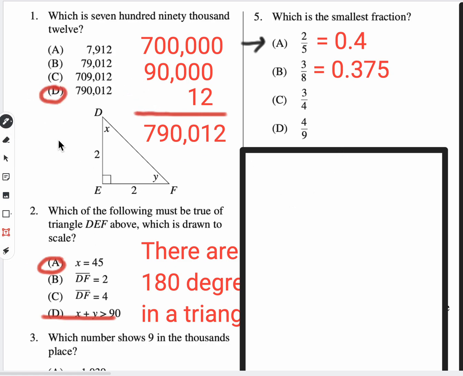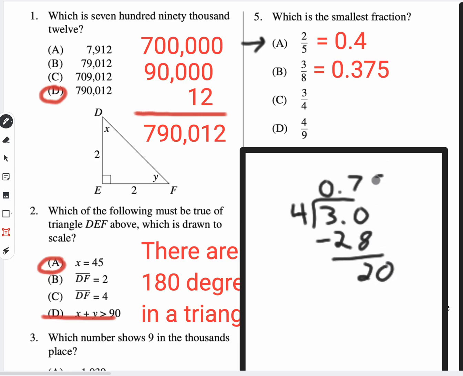Now let's divide 3 by 4. 4 will not go into 3, however, it will go into 30. 4 times 7 is 28. With the remainder of 2, we can bring down our 0. 4 times 5 is 20. 3/4 can be rewritten as 0.75.